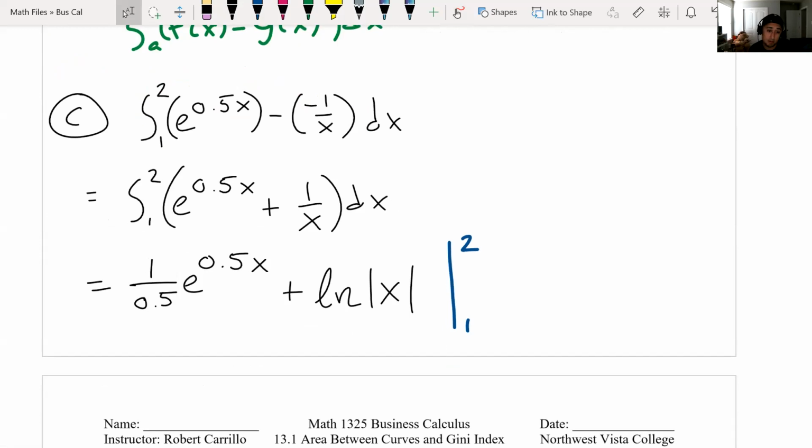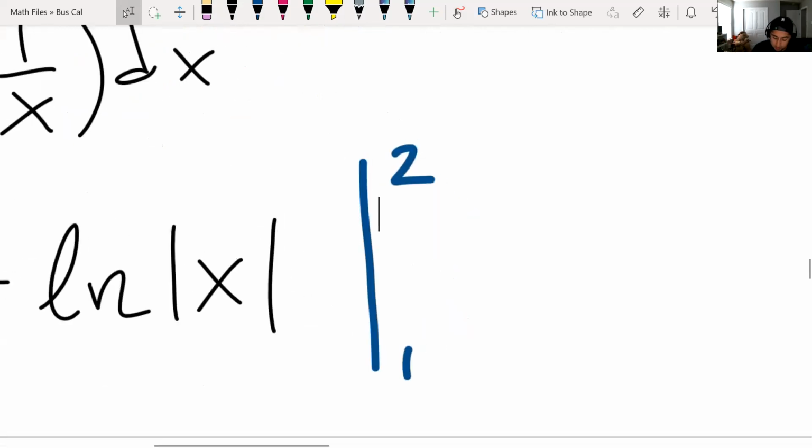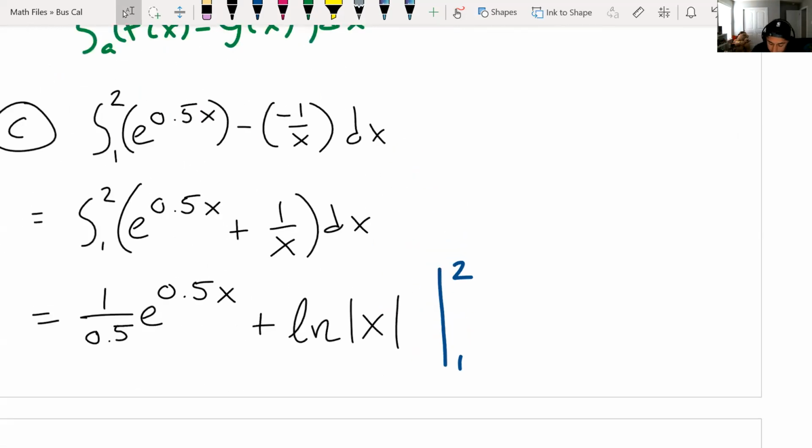Which means we're ready to calculate. There's no need to make this look pretty because we can't. So let me type this in the calculator. Table, fraction 1 over 0.5, e to the 0.5x, plus the natural log of x.